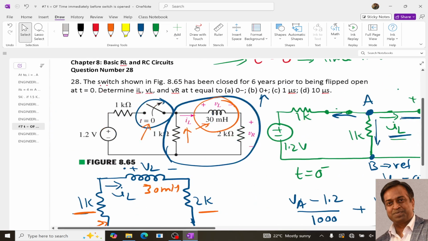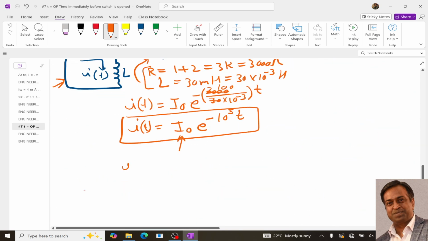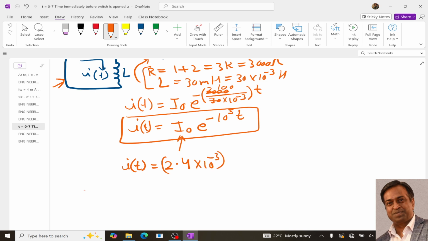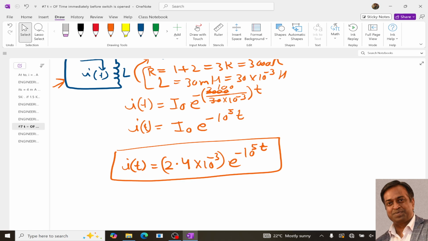Substituting this value in the equation that we obtained, IT equals 2.4 milliampere, so 10 power minus 3, into e power minus 10 power 5 t. So this is our final equation.